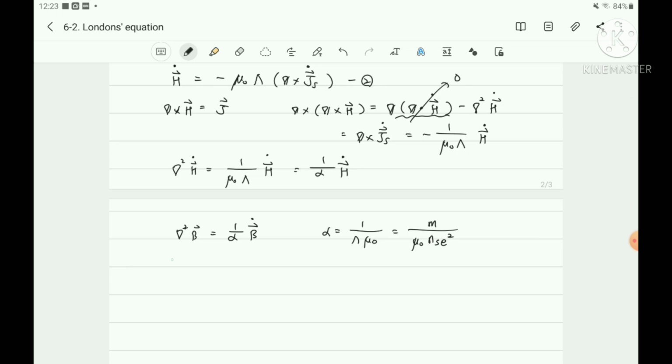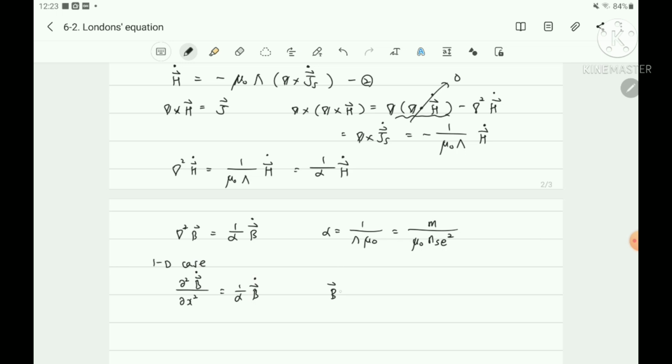Therefore from this equation, in the one-dimensional case, the second derivative of the magnetic field with x is 1 over alpha B dot.